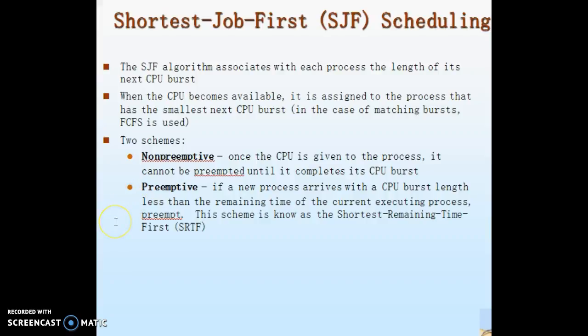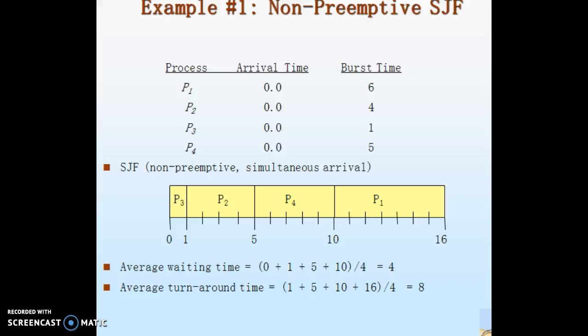Second one is preemptive. In this case, if a new process arrives with a CPU burst length less than the remaining time of the currently executing process, preempt. This scheme is known as shortest remaining time first. Let's see the example for non-preemptive SJF. Consider the processes P1, P2, P3, P4 with burst times 6, 4, 1 and 5.